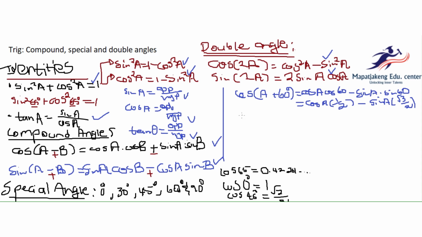Same applies if you have cos(A - 60). The first rule is going to be cos and cos. It's going to be cos A times cos, not sine, cos 60 again. Don't be mistaken and put negative 60 here.